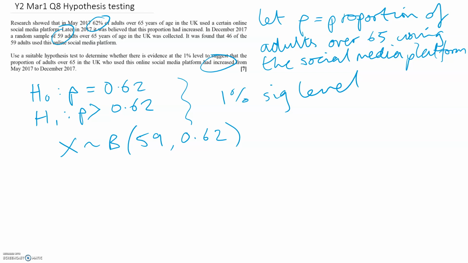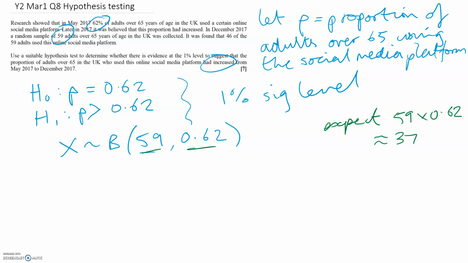Now, if there are 59 people in a sample, you would expect. Now, this isn't really part of the test, but it might be a nice idea to see what you would expect. If you multiply these two together, 59 times 0.62, you get approximately 37.